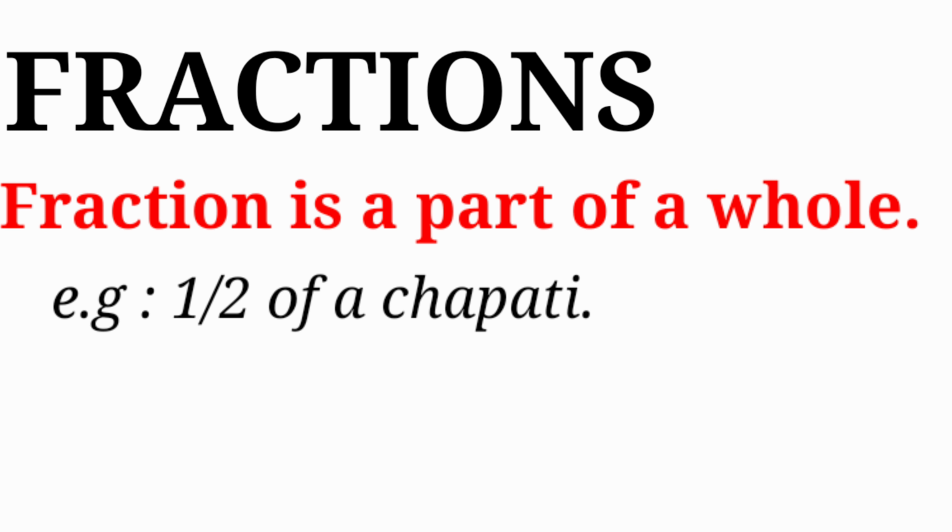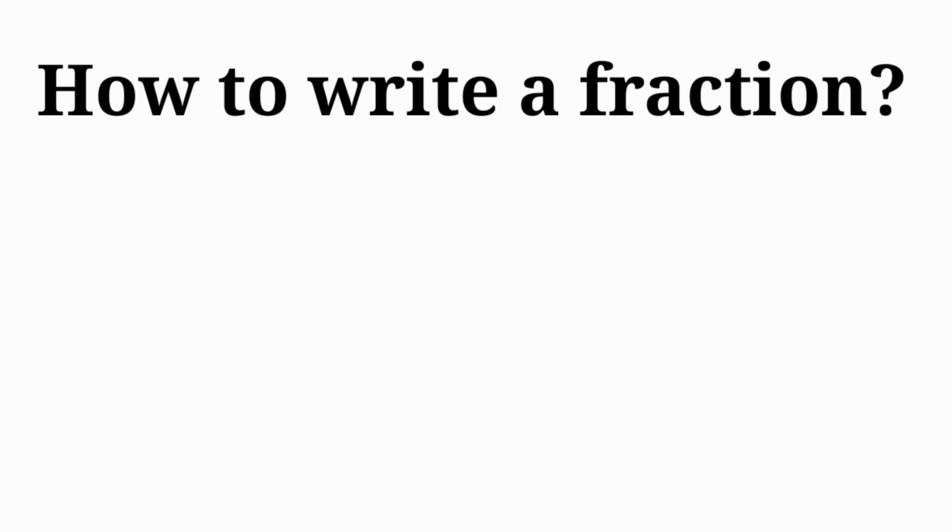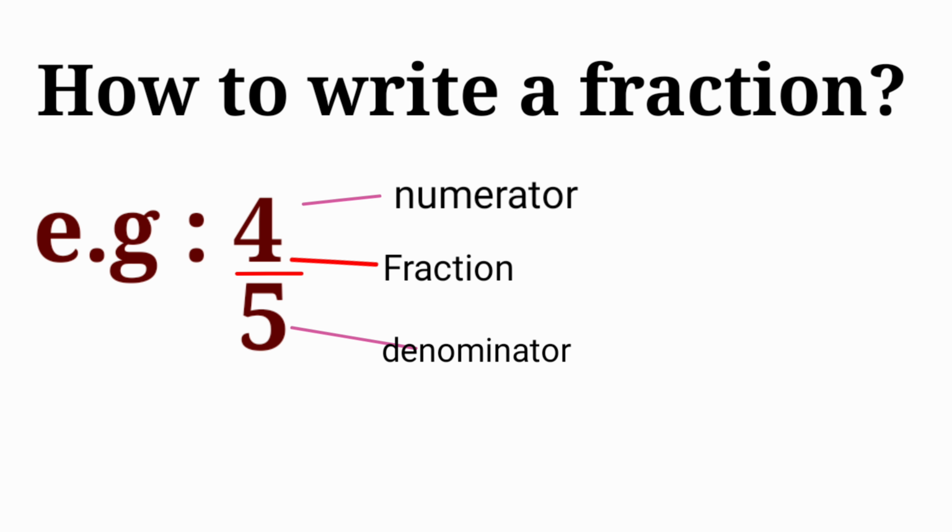And if you are distributing toffees, then there is some total quantity in your packet, right? If you distributed some toffees amongst your friends, then we can find what fraction you have distributed and what fraction you have left with you, right students? On the same side, you know very well how to write a fraction. For example, if I write 4 upon 5, we can say 4 divided by 5.